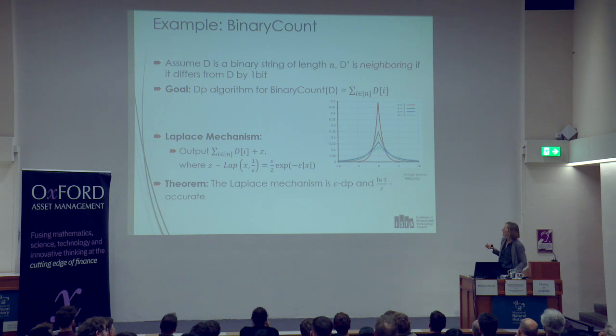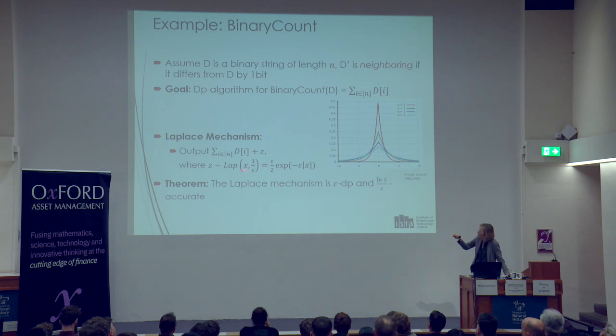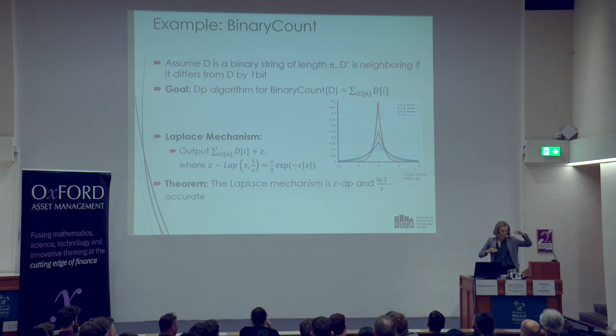What is the intuition? If you want good privacy, so you have small epsilon, then 1 over epsilon will be large, which means the variance of your distribution will be large. So you're more like the light blue here. You're not too unlikely to actually add a number like 10 to your numbers. You remember the inputs differed only by 1. So you had 2 input strings that differed by 1 bit, say the first bit.